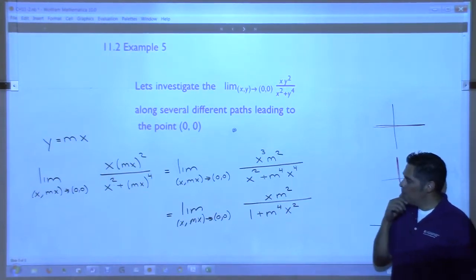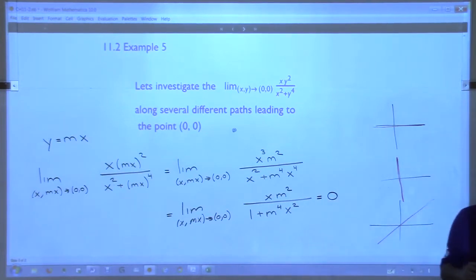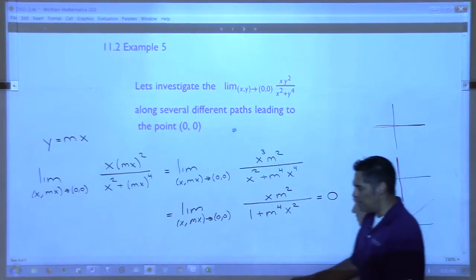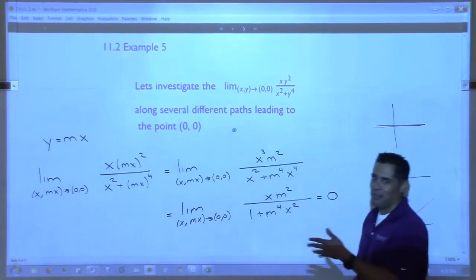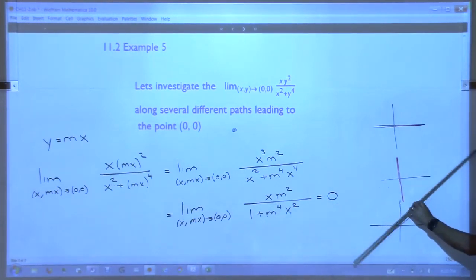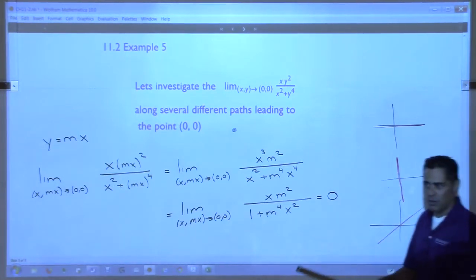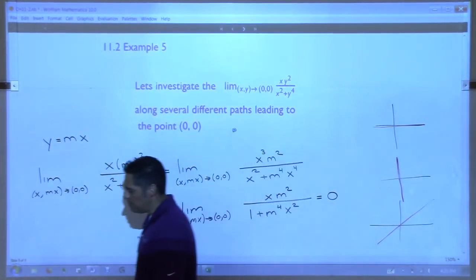So I still get 0 here. But I've now checked an infinite number of paths. Do y'all see how I'm killing an infinite number of paths at one time? But the problem is there's still an infinite number of paths remaining. Those were just all the linear paths to 0. So no matter what I do, if I approach along any linear path headed towards the origin, there's no way I can avoid my function heading towards 0. So I've got to choose something else.